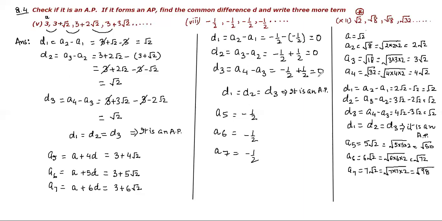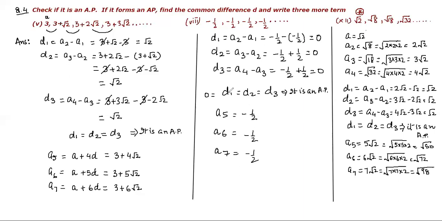So children, in all the cases, you got that D1, D2 and D3 all are equal and they are equal to 0. So this condition of the AP, that the common difference should remain the same always, is maintained here even. Every time D is constant, that is 0.